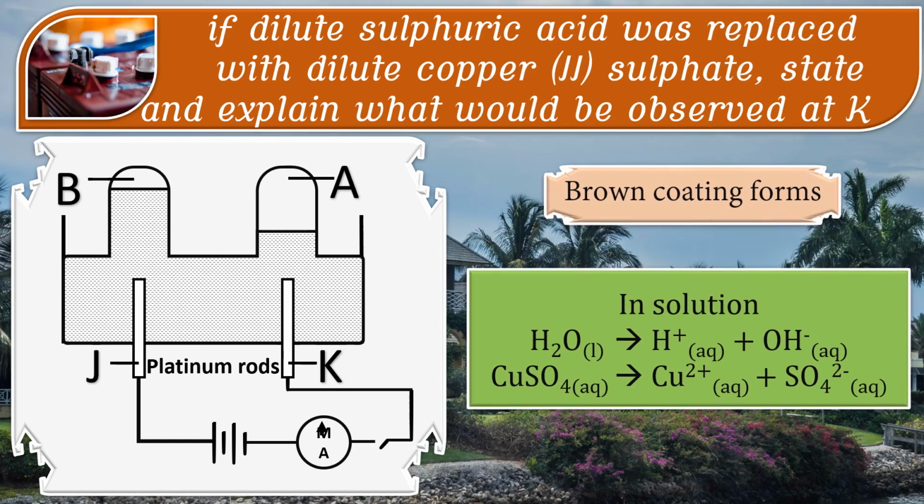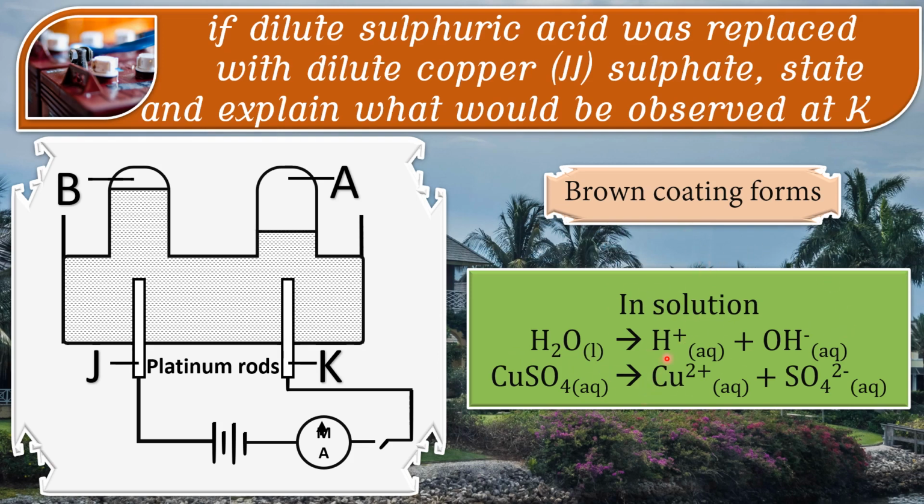Now, because we have dilute copper 2 sulfate, in the solution we have copper 2 sulfate and also water. Now, these ones are going to dissociate. Copper 2 sulfate will give us copper 2 ions and sulfate ions, whereas water will give us hydrogen ions and hydroxyl ions.